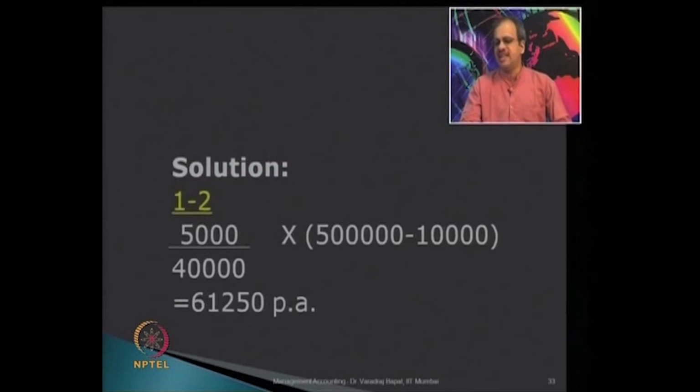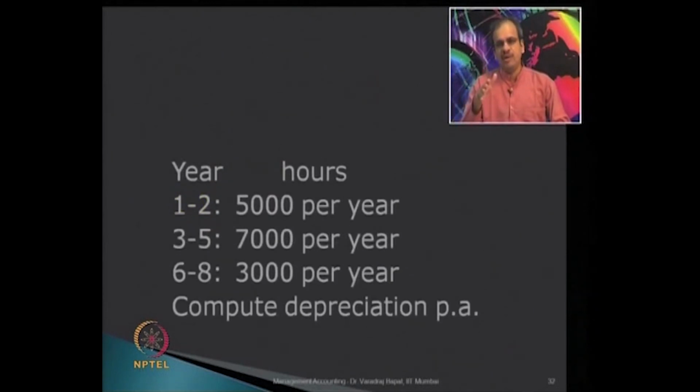So, you will realize that in the machine hour method, the charge of depreciation is not kept uniform, but it is based on the number of hours the machine is likely to be used or is actually used. According to this chart, in the initial 2 years the use is 5,000, maximum use is between 3 to 5 years where it is 7,000, and in the last years it tapers off to just 3,000 between 6 and 8 year.